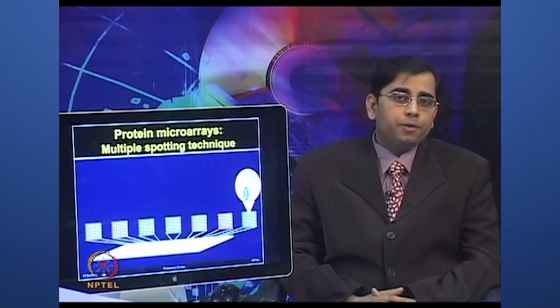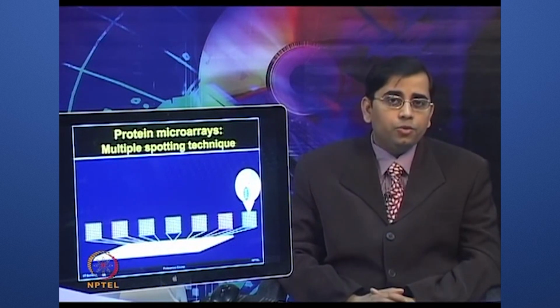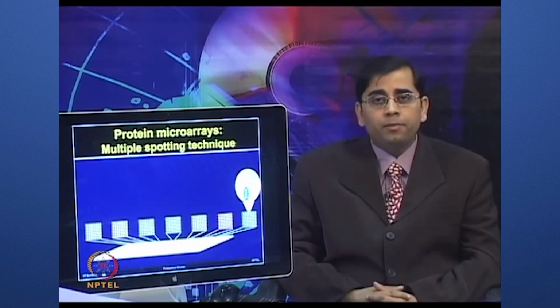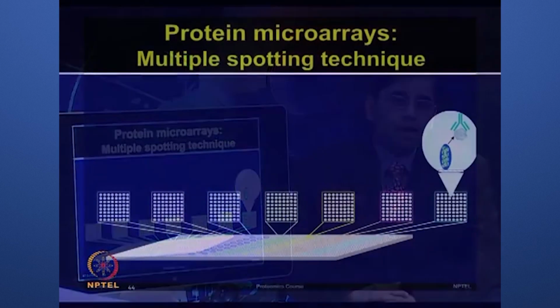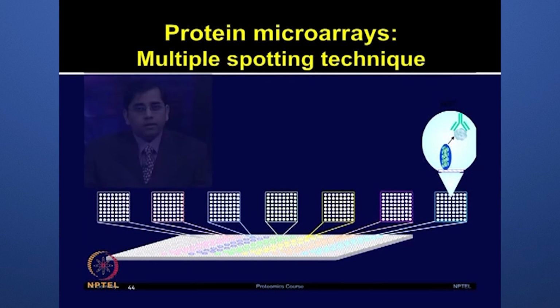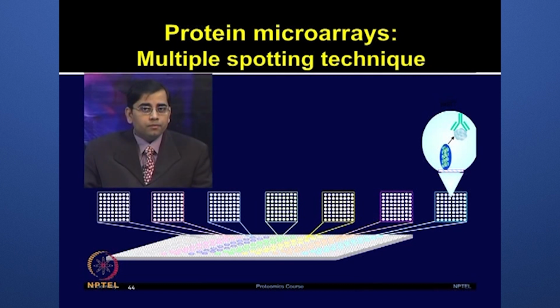Now, another cell-free expression based method tried to overcome some of the limitations of the previously used methods, and it tried to print the cell-free expression system as well as the cDNA on the chip surface by using a multiple spotting technique.